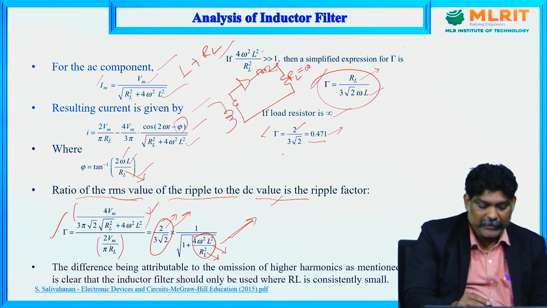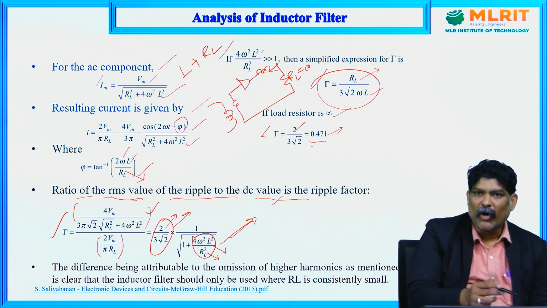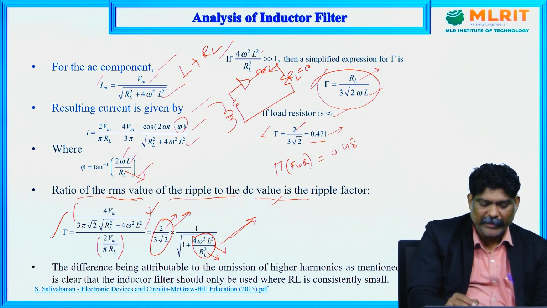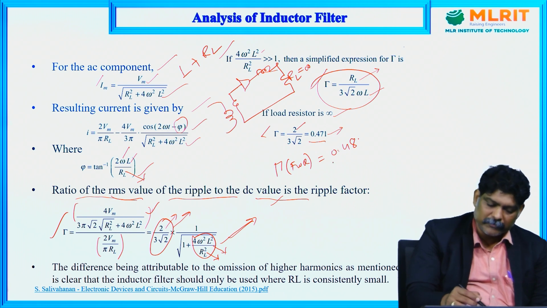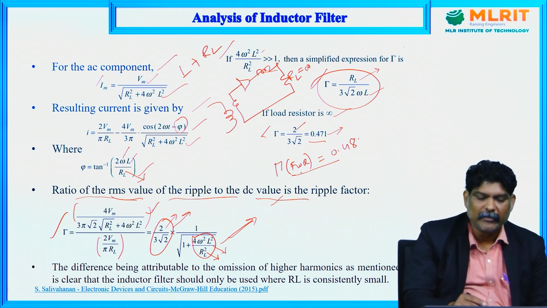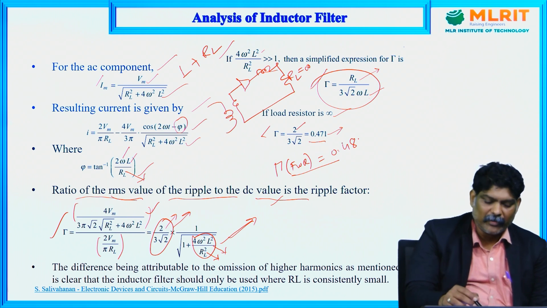If you compare this with the ordinary full wave rectified output, the ripple factor for the full wave rectifier is approximately 0.48. So it is near to the ripple factor of the full wave rectifier, but somewhat decreased.